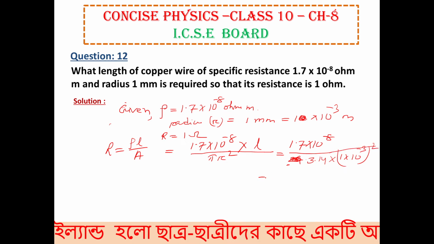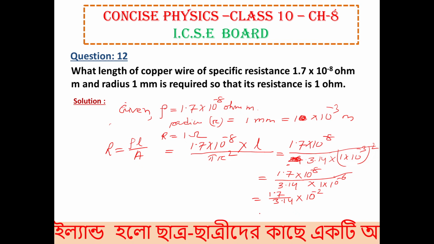So finally, upon simplification, we are getting 1.7 into 3.14 into 10 to the power minus 8 upon 1 into 10 to the power minus 6. So if I take this like this, 1.7 by 3.14 into, I am getting 10 to the power minus 2.